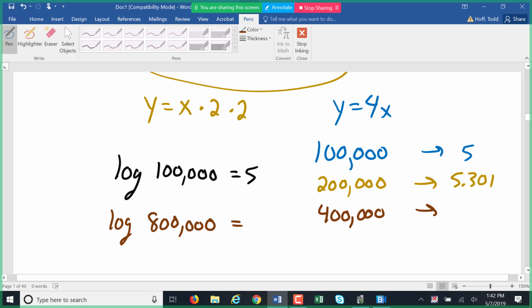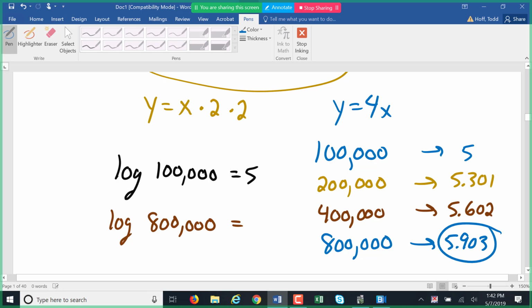The log has to go up by how much? 0.301. So that's 5.602. If I double 400,000, I get 800,000. The log has to go up by 0.301. So therefore I know the log of 800,000 is 5.903.